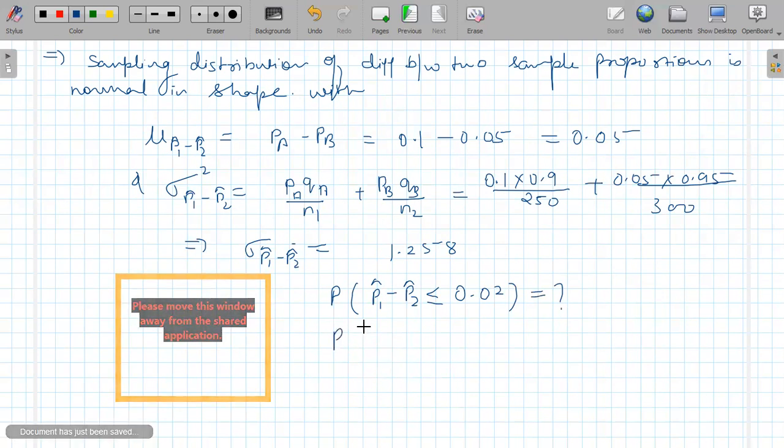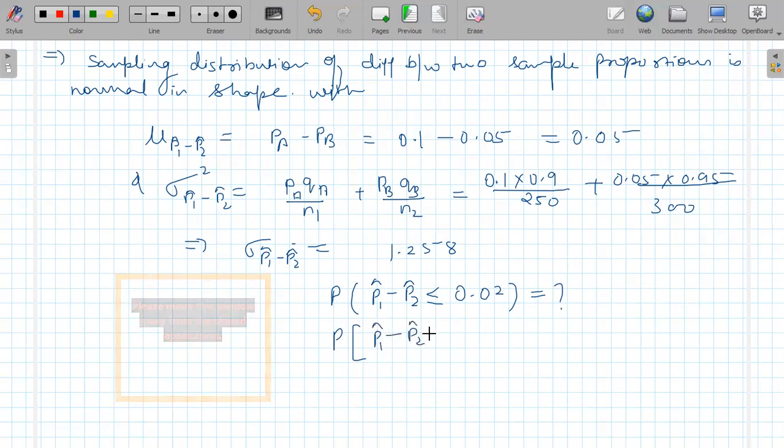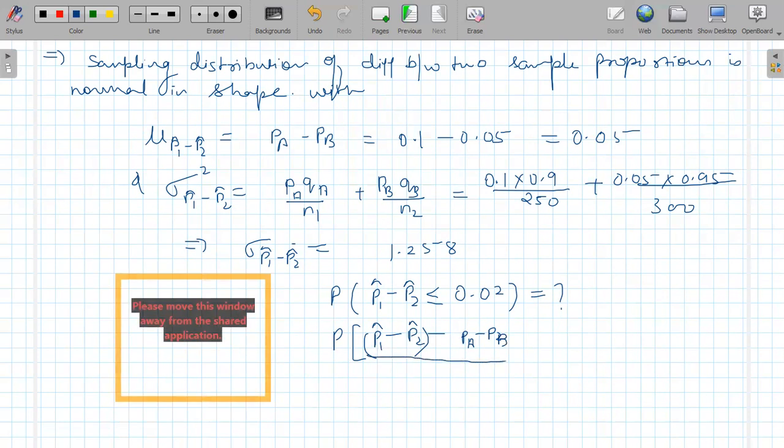So we convert this into Z variable by subtracting P1 minus P2 or AB, sorry, you can use AB here, divide by sigma P1 cap minus P2 cap. Here we subtract 0.05 and divide this value by 1.258.